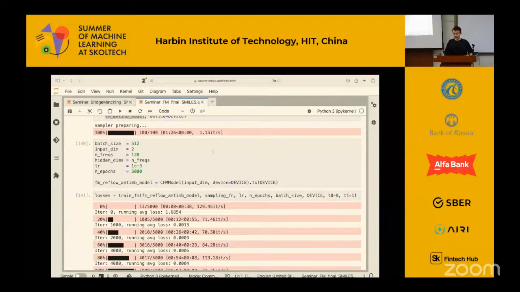Again, no. The only thing you can do is train your first flow matching pretty well and measure some kind of metrics that answer this question. But in general, there is no fully theoretically justified, very good way to actually do this. You just use some kind of heuristics and hope that everything is okay. In practice it works.